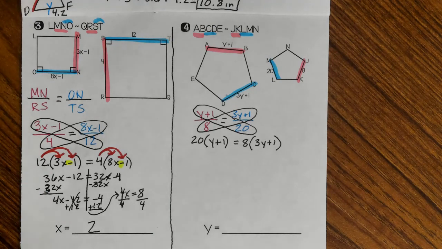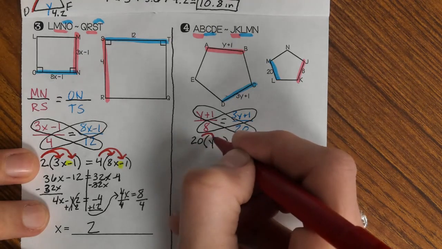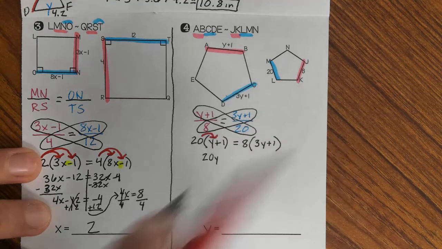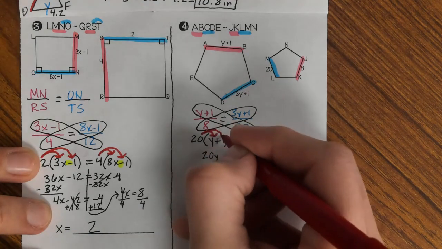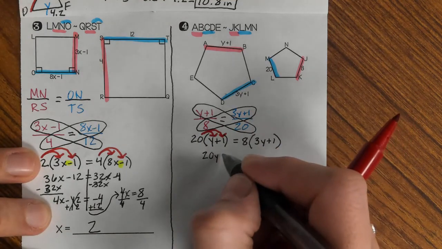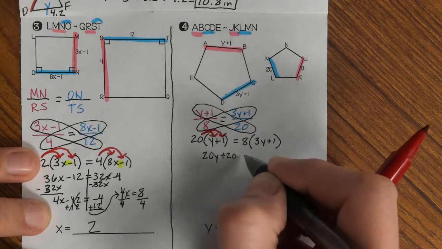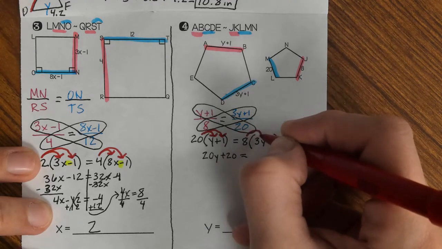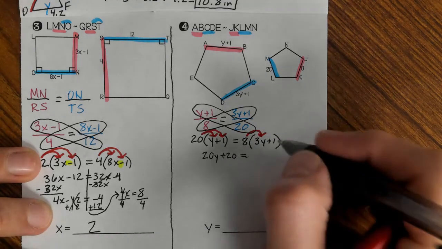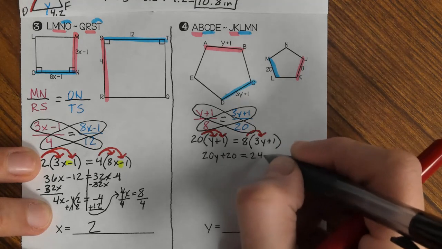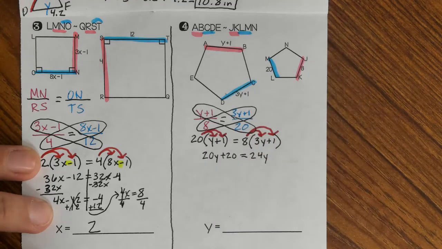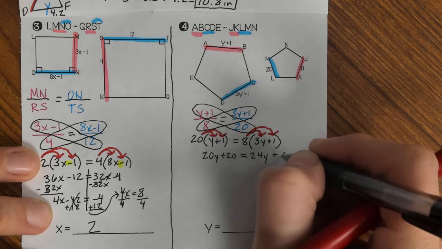Then with our distribution, 20 times y is 20y. 20 times a positive 1 gives us plus 20. On the other side, we have 8 times 3y, giving us 24y. And then our 8 times a positive 1, giving us plus 8.